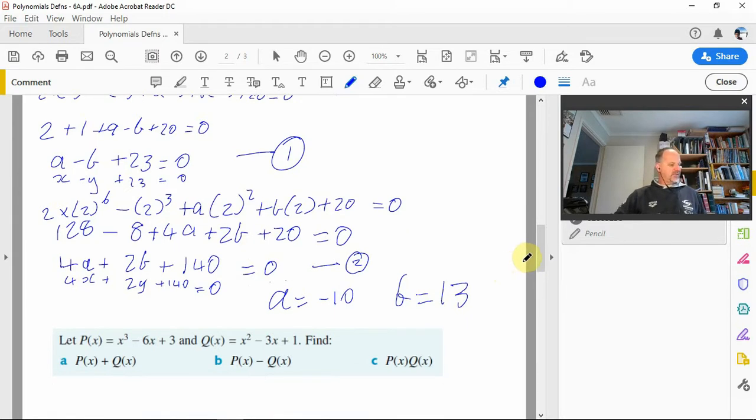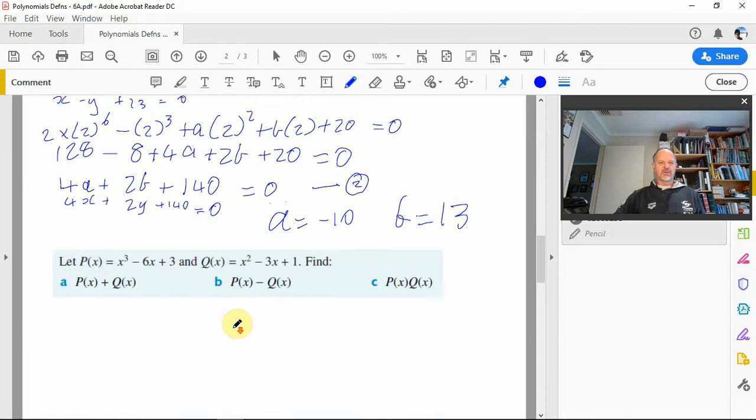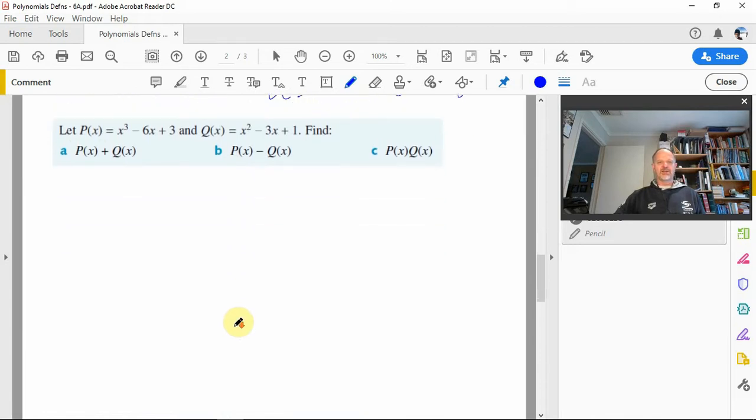So here's an example where we've got two polynomials, P and Q, and we need to be able to tell the difference between the two.